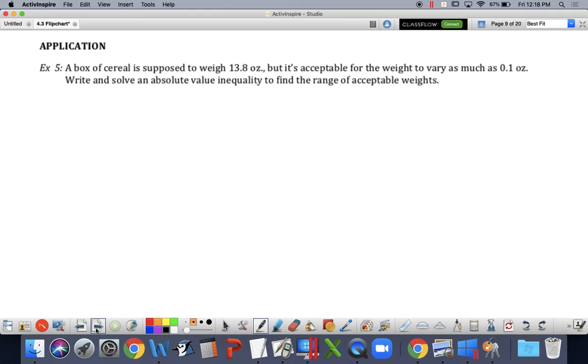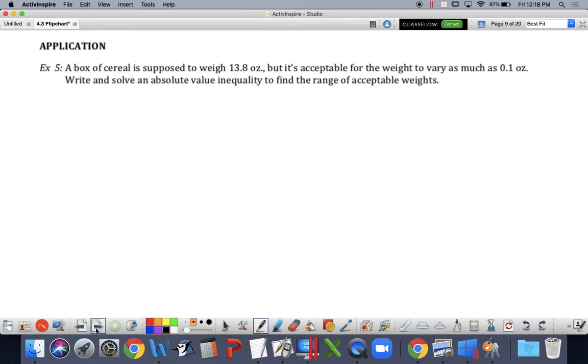So a box of cereal is supposed to weigh 13.8 ounces, but it's acceptable for the weight to vary as much as 0.1 ounces, right? You got to make sure when you open that box of cereal, you better have enough cereal in there that you're not sending it back. So write and solve an absolute value inequality to find the range of acceptable weights. So it's supposed to weigh 13.8, but it can vary by as much as 0.1 ounces.